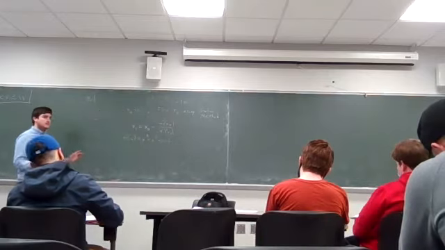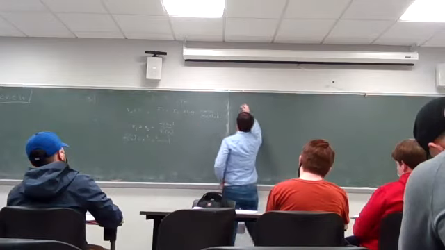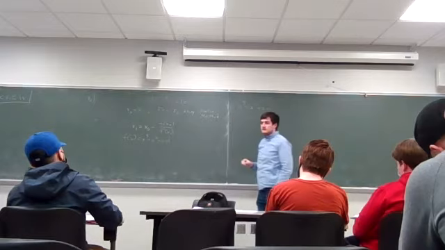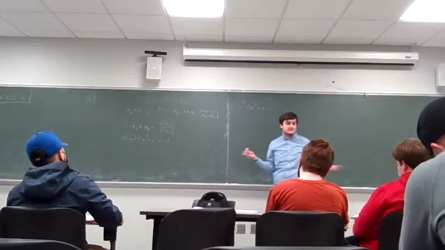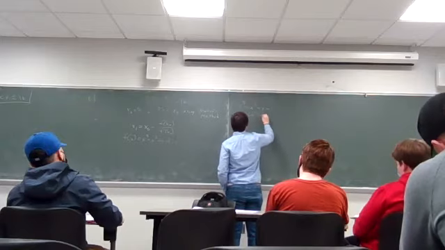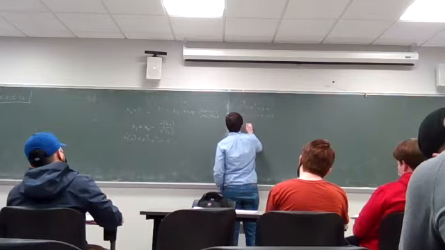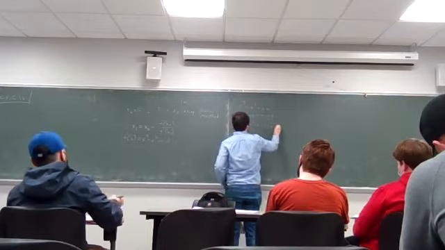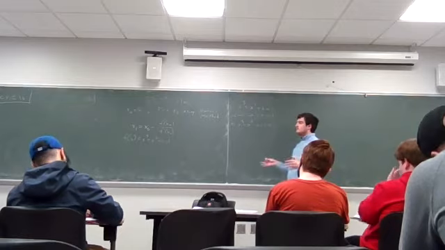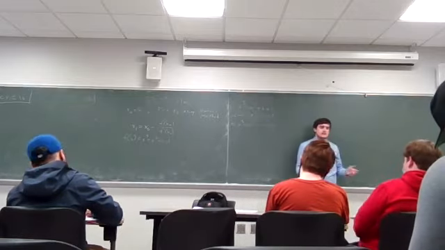If it's not equal to 0, say instead I gave you x cubed equals x squared plus x plus 1, you would first set it equal to 0, subtracting to get x cubed minus x squared minus x minus 1 equals 0, and then use that. In this case it was already set equal to 0, so that's your function. But if it's not, set it equal to 0 first.